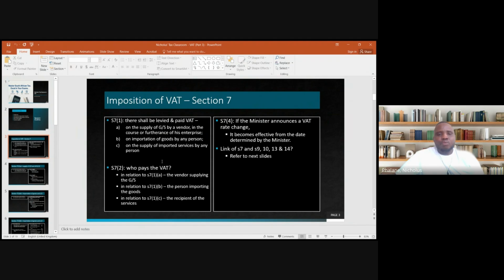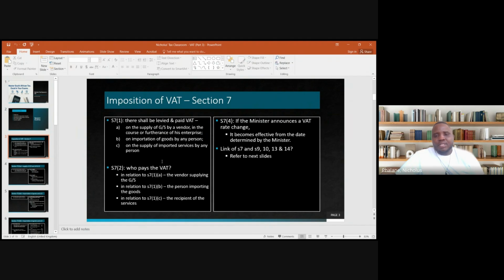Then there are one or two definitions in other sections, like financial services in Section 2, and when you want to know what is an open market value, you go to Section 3. Those are just examples of definitions that are not in Section 1. So you need to know what you are dealing with: Section 1, Section 2 and 3, and other sections where you would find definitions.